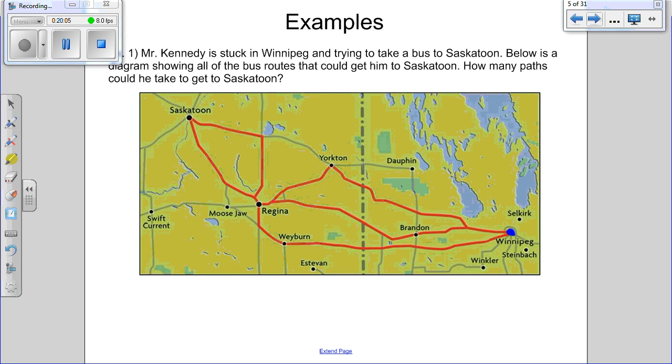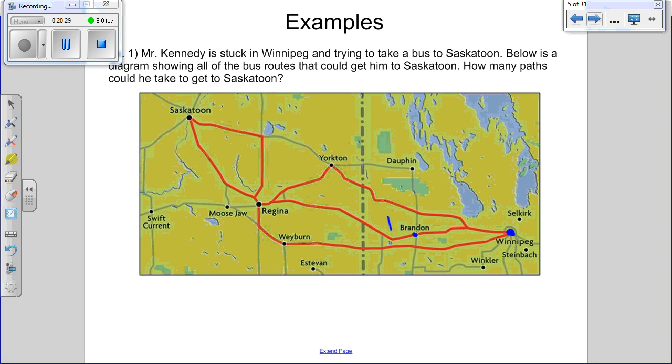The number of ways I could get to Brandon would be what? Just one way in, right? One right across. So I'm going to put a 1 there. The number of ways I could get to Yorkton: one way there.